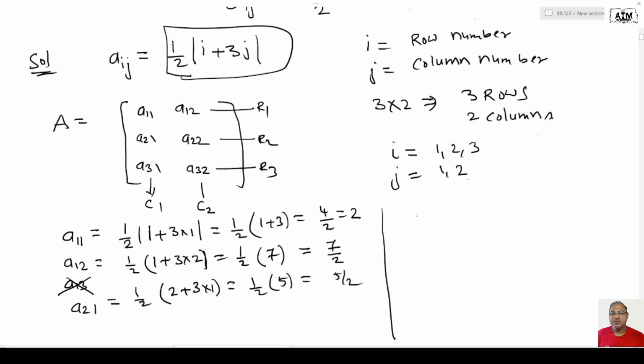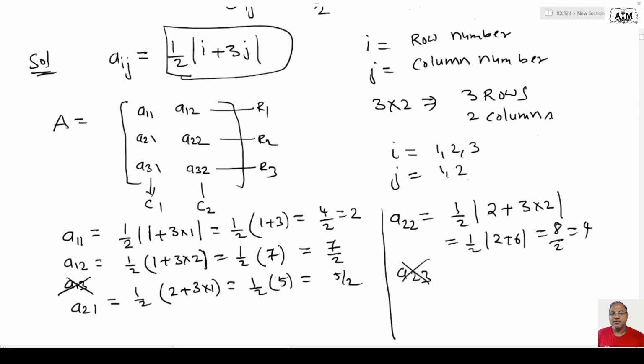After that A22 is half, in place of i write 2, and in place of j also write 2, and this becomes half of 2 plus 6 equals 8 upon 2 equals 4. Then A23: there is no question of A23 because we need to construct a matrix of 3 by 2, so a third column is not available there.